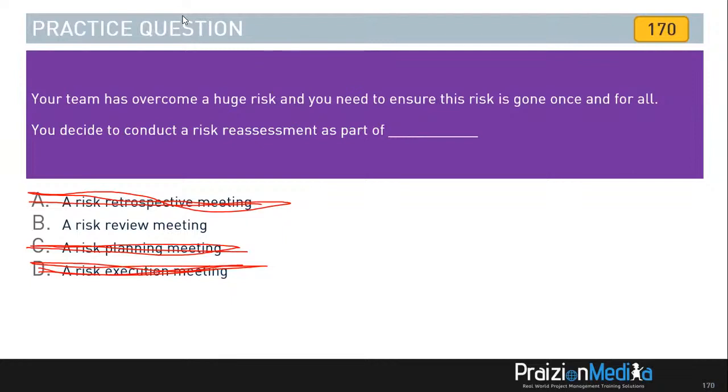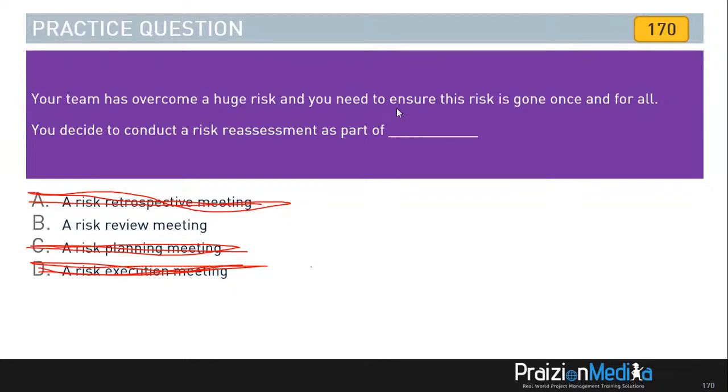So risk responses are carried out, but then we have a point in time where we ask, was this the best response? Was this a worthwhile approach to our risks? Was this good or not? So the best answer to this, my friends, is option B.